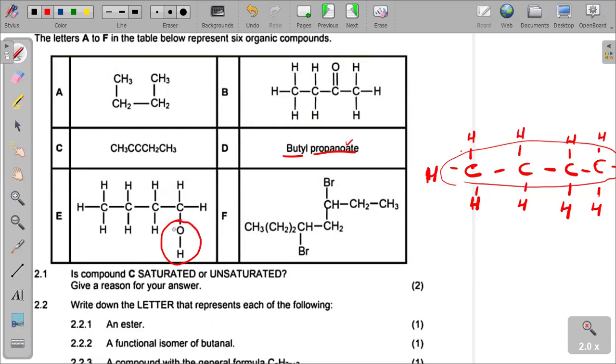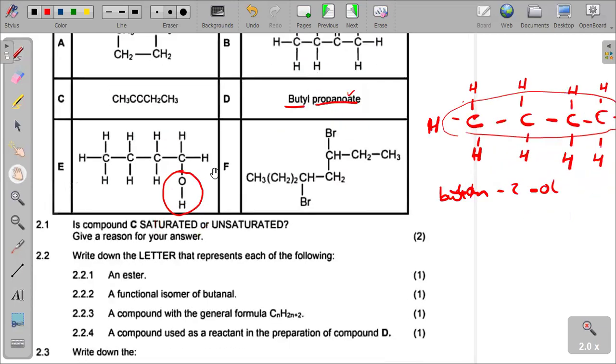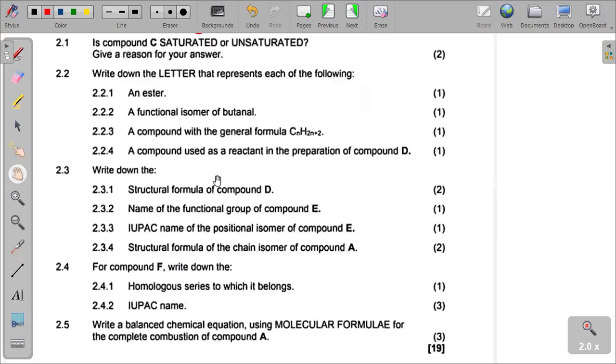So which other compound can we have? So it's going to be butan-2-ol. If we just move it, we end up having butan-2-ol, right? That becomes the positional isomer of compound E.